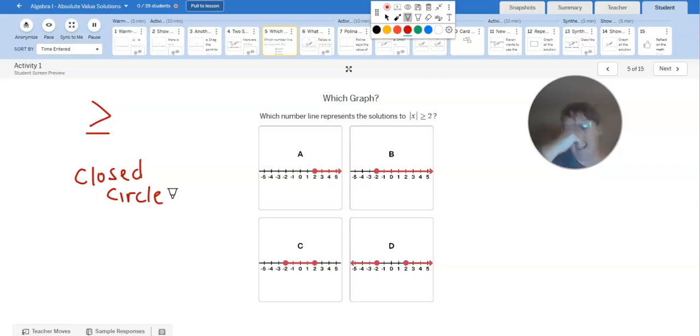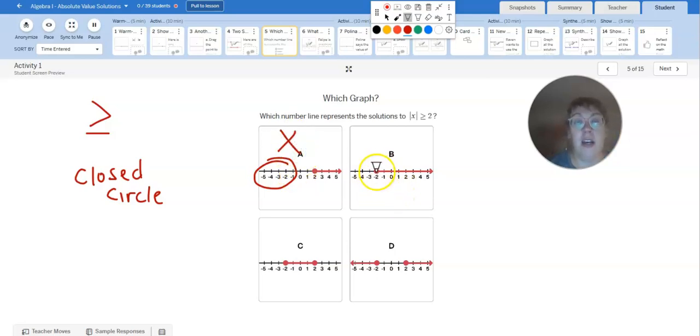So it can be 2 spaces away from 0 or further. So this one would just be x is greater than or equal to 2, but not the absolute value because we are missing something on the negative side. So that's not going to work.